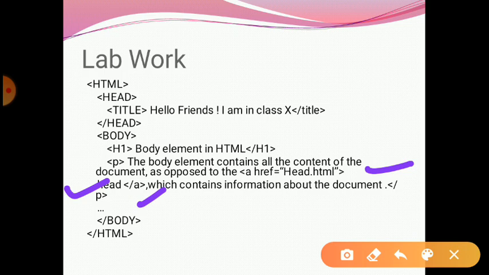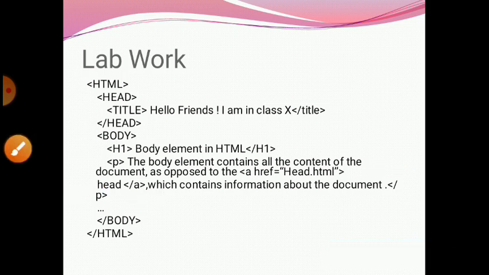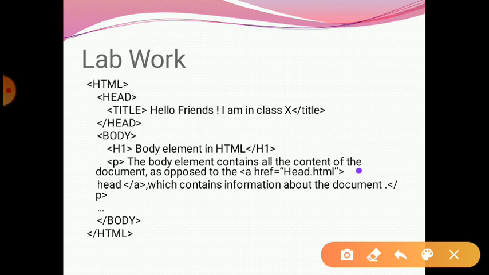In this tag we hyperlink these files to the head.html file with the help of the anchor tag, and when we click the word head, HTML can open the head.html file.